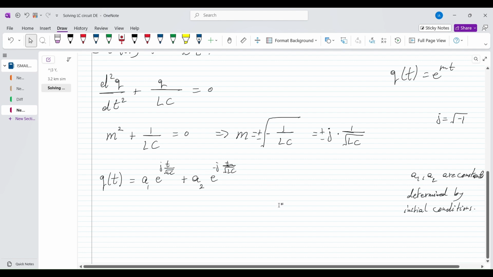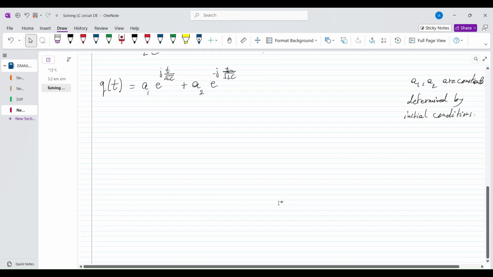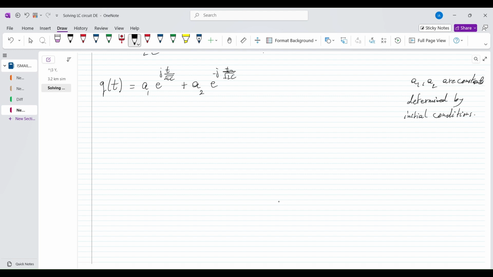Okay. Now with some identities, we can rewrite this as a multiplied by sine or cosine, you can choose, of t over the square root of LC plus phi.